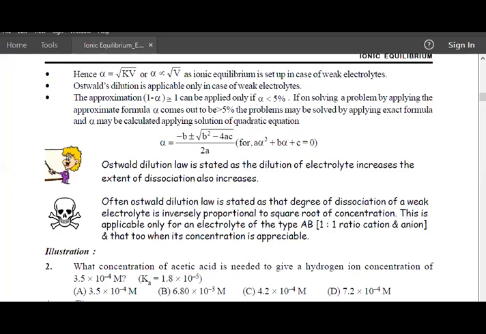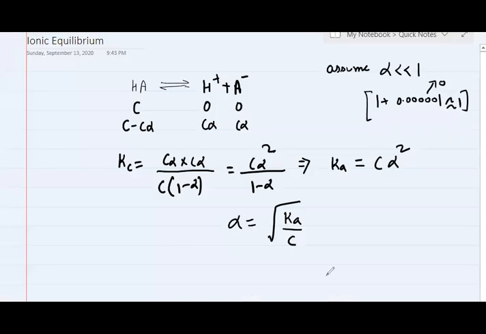Right, everyone? Let's see what concentration of acetic acid is needed to give a hydrogen ion concentration of this. Now in this problem, what is given?